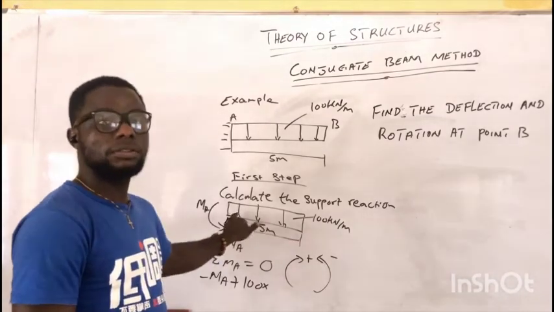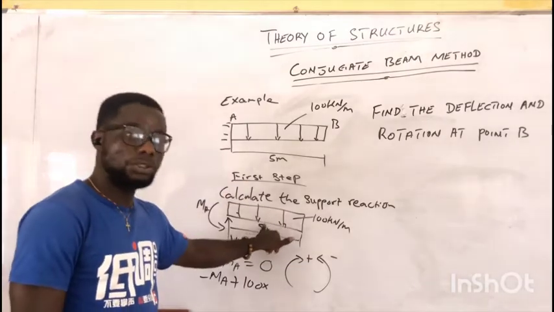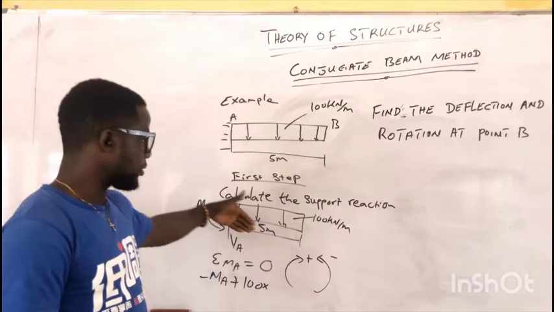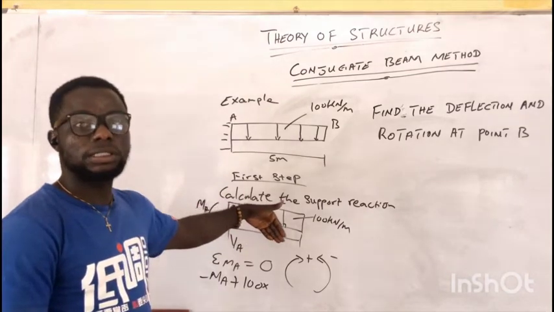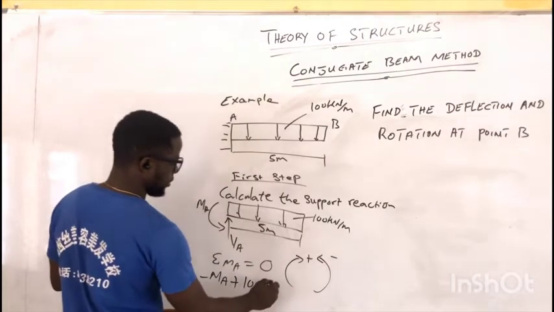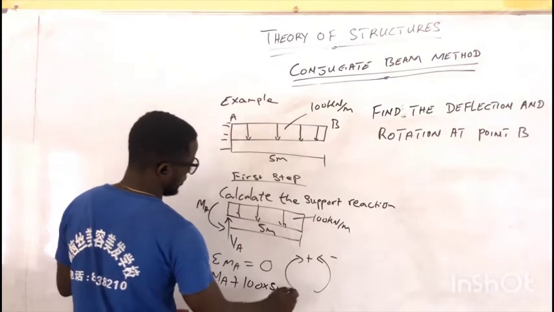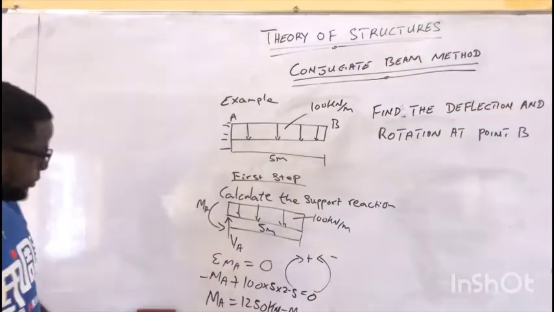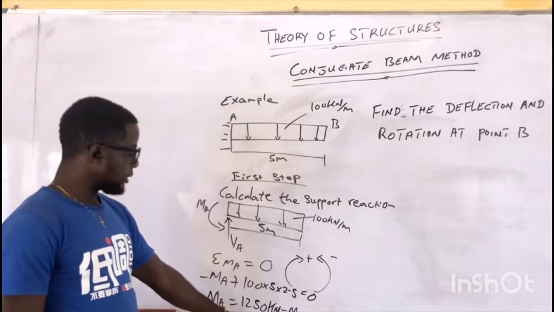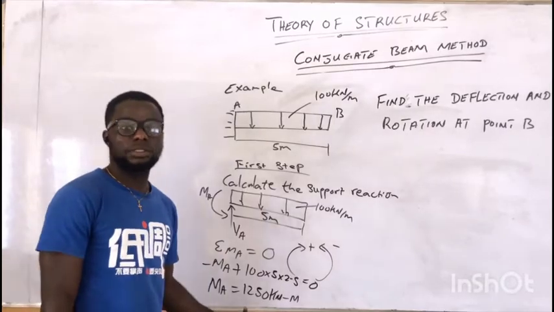The length of the span of the beam is 5 meters. When you get the point load, you divide the 5 by 2 and multiply the point load to get the moment. So when you simplify all this, you will get the final answer, the moment reaction at point A.